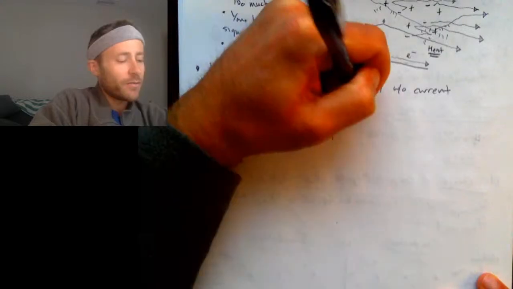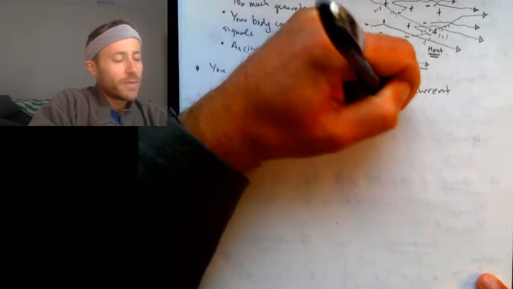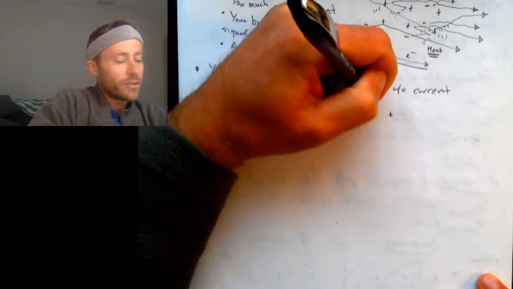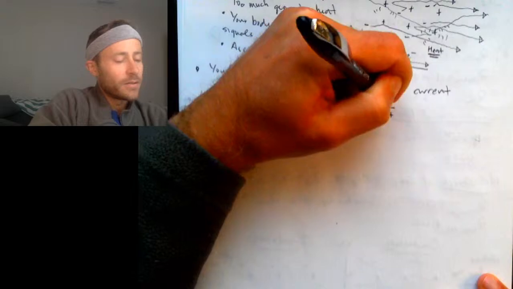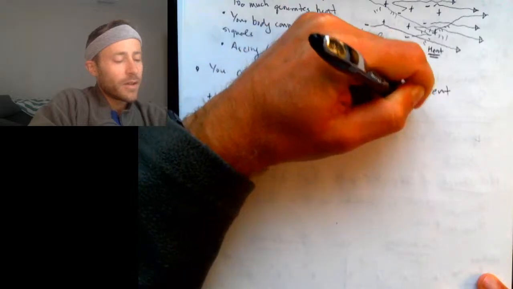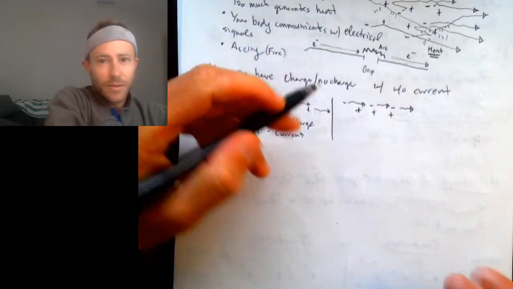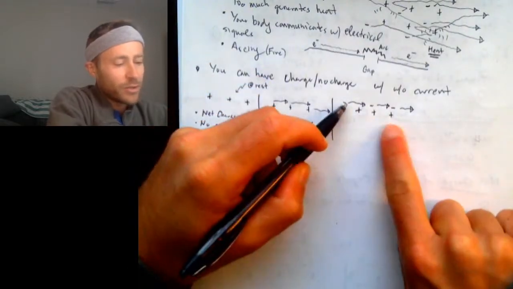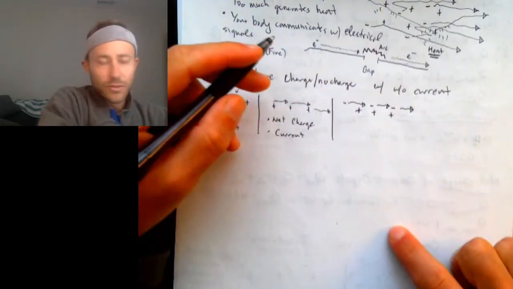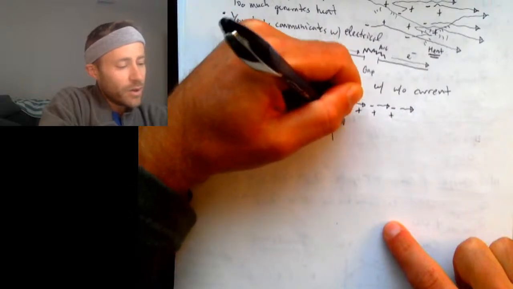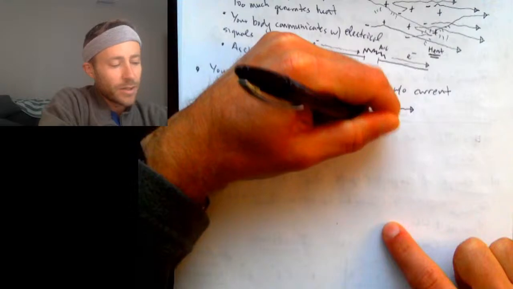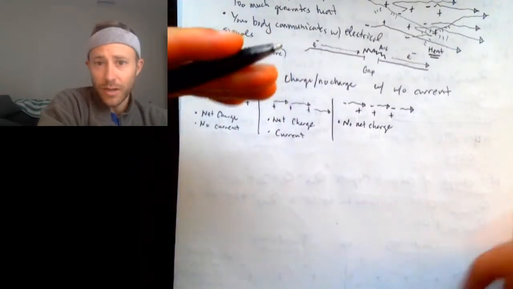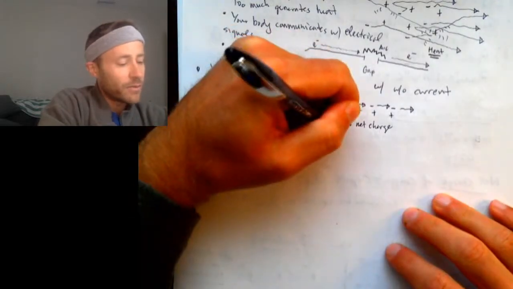What if you have the positive nuclei, and the electrons are flowing over the top of them? Here, for every positive charge, you have a negative charge. So here you have no net charge because there are as many positives as negatives, but you do have current.